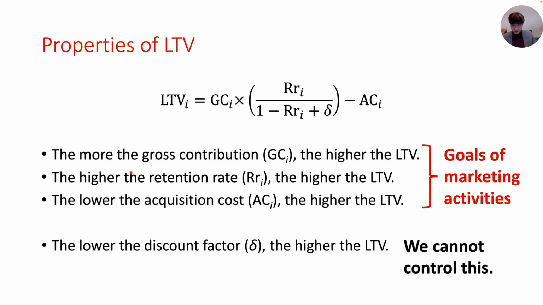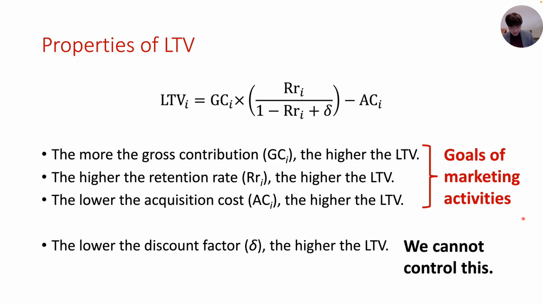However, the first three components at least partially depend on firms' marketing efforts. All marketing activities must be developed to clearly improve one of these components. Also, it must be clearly checked whether the activity hurts one of the components or not.